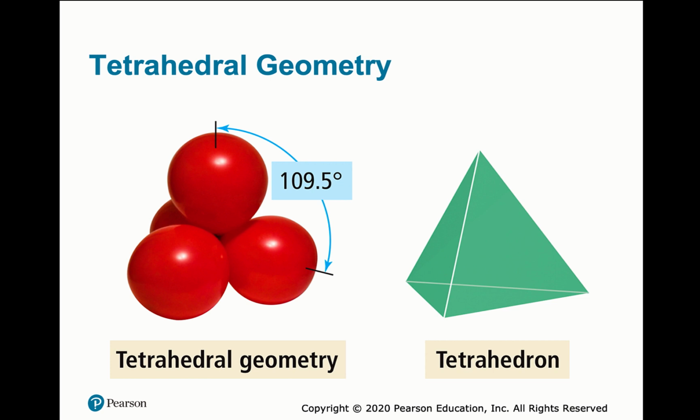And here's a tetrahedron, and there's the idealized 109.5 degrees. Like I said, the tetrahedron is a platonic solid where you have all regular polygons. The tetrahedron has only triangles, and it's a triangle-based pyramid, but they're all regular triangles.